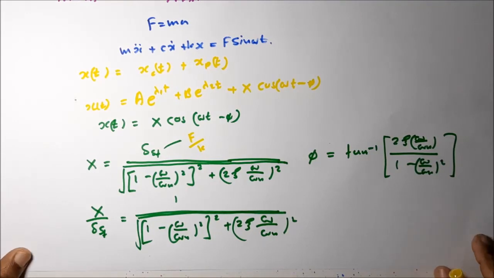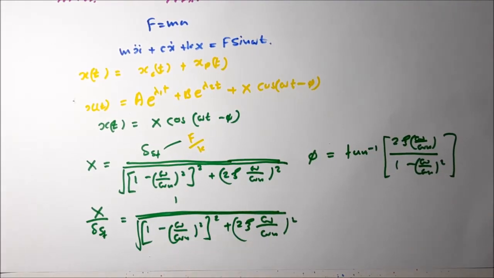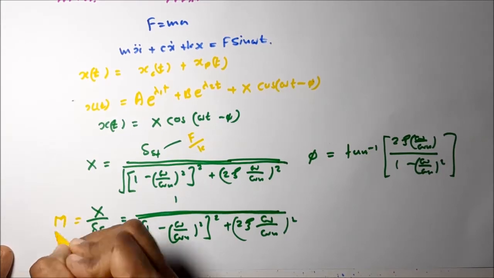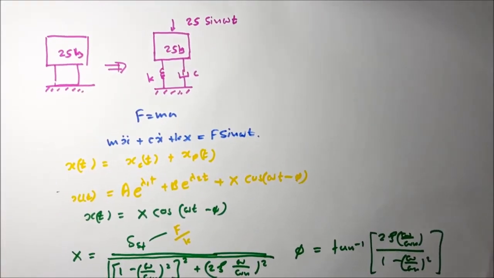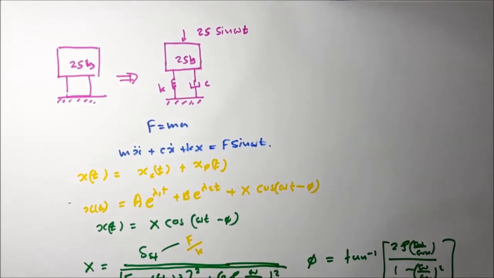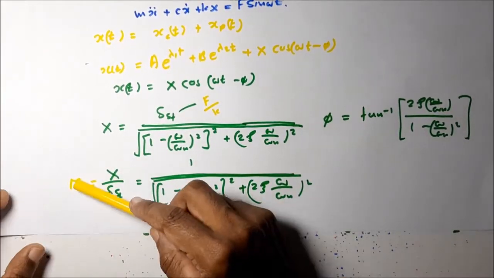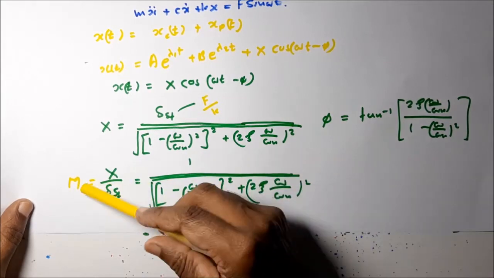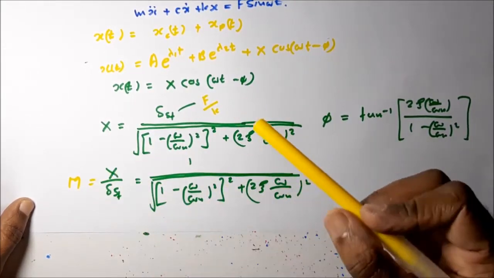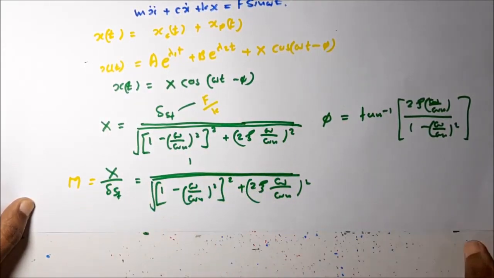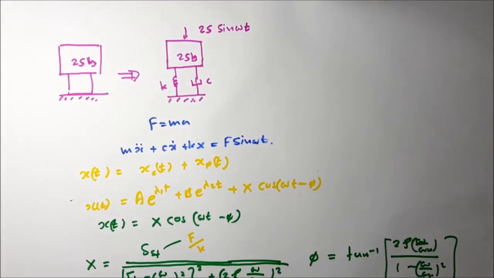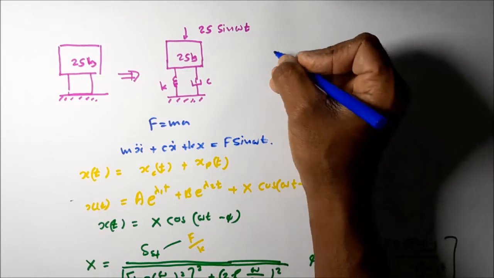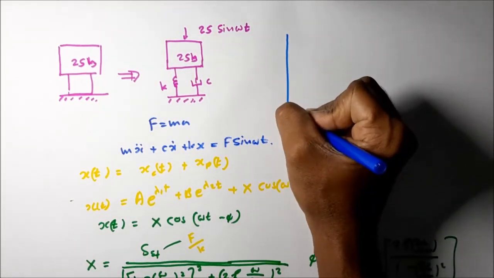Let me take this as the amplitude ratio M. M is a function of the frequency ratio, omega divided by omega n. When discussing theory classes, we obtained how it varies with the frequency ratio.